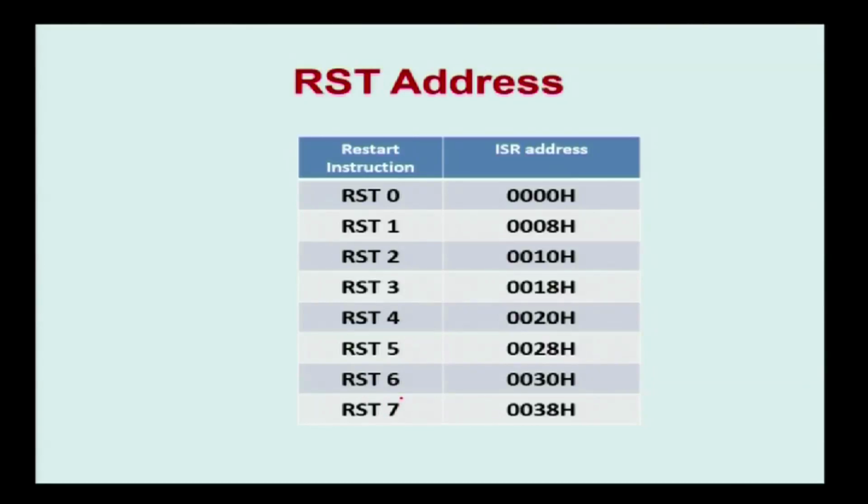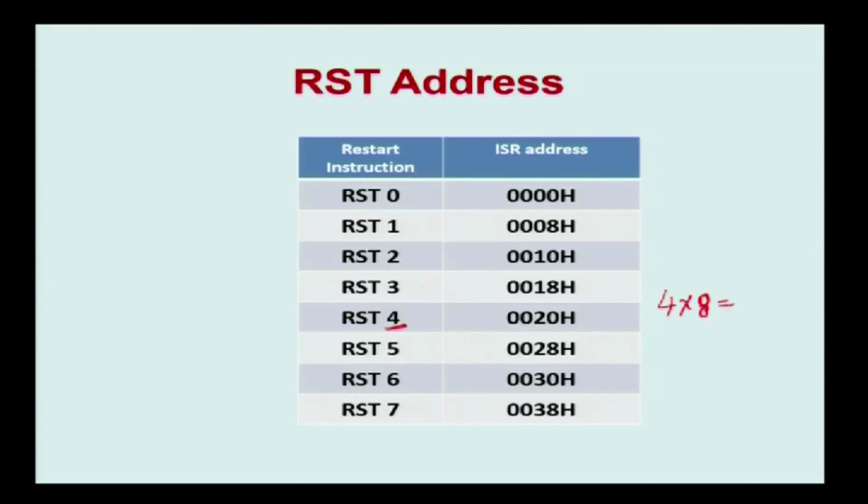So, we have specific addresses, which are 0000, 0008, 0010, 0018, 0020, 0028, 0030, 0038, calculated with the help of the RST instruction. After activating it, the corresponding number is multiplied by 8 to get the corresponding address. Suppose we take the number as 4.